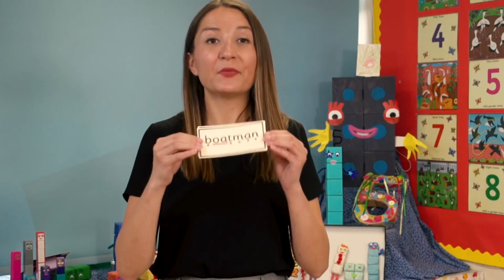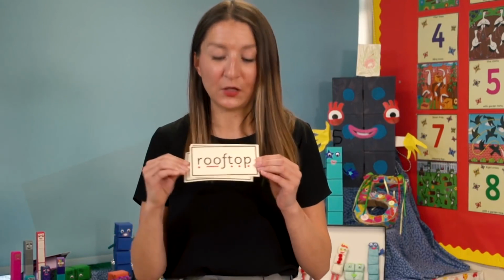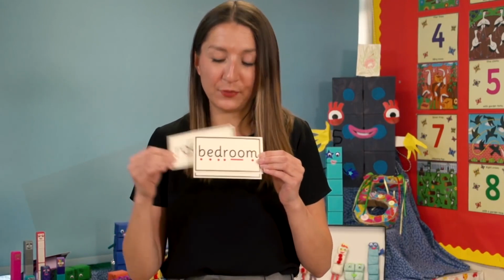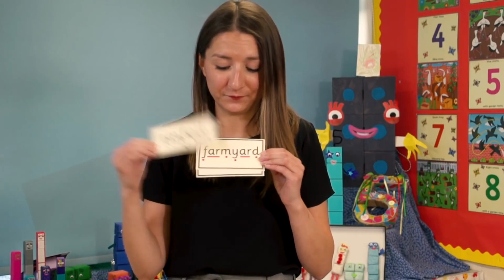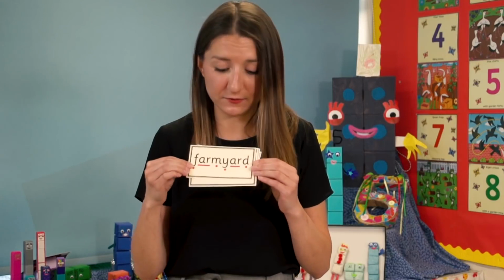Read them with me. Boatman, rooftop, bedroom, tinfoil, farmyard. Wow, these are getting harder, aren't they? You have really impressed me. Well done. We're going to practice reading the tricky words her, all, are, to.